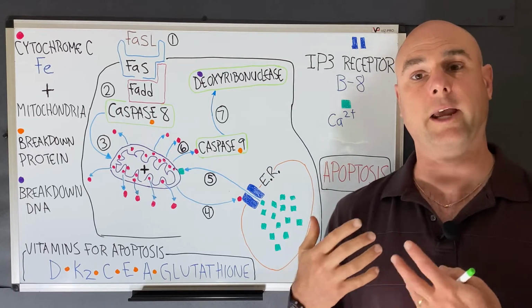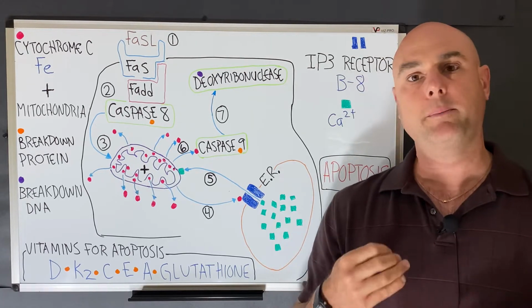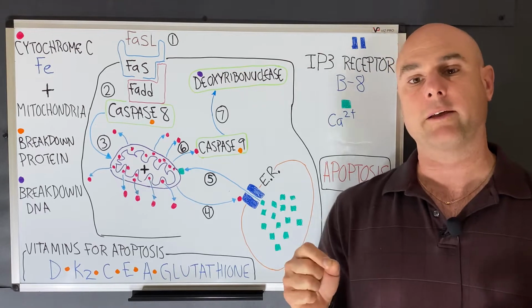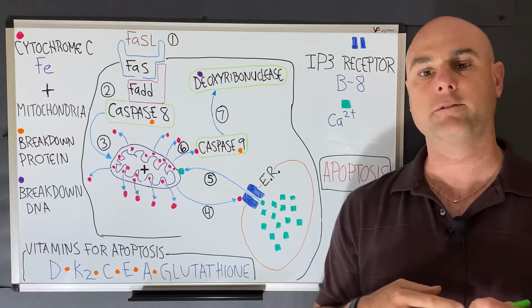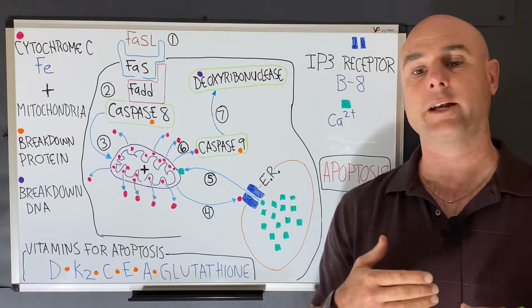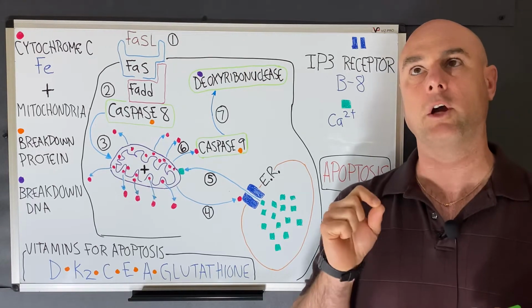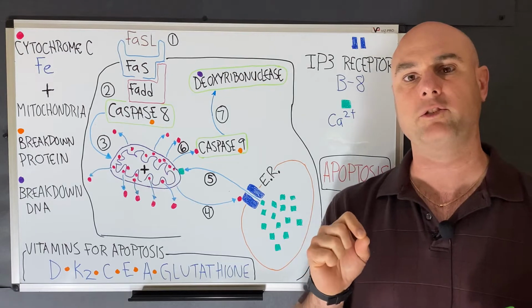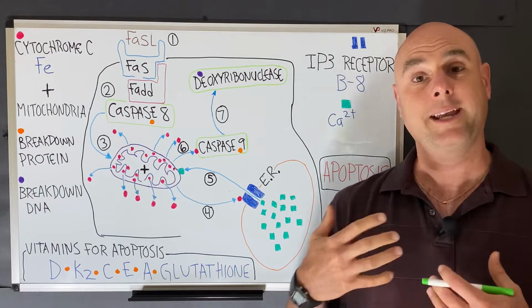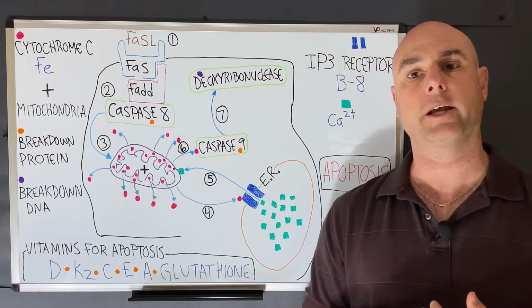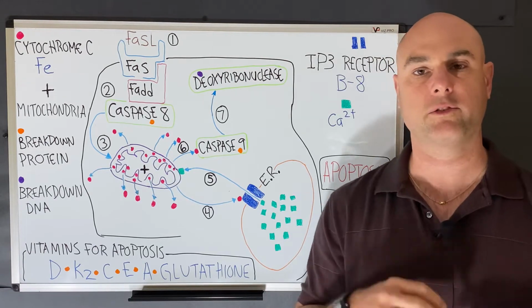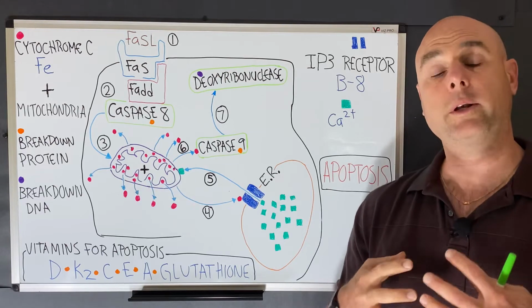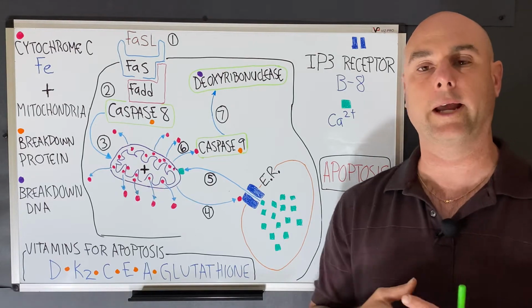Now, apoptosis or programmed cell death can also be initiated through DNA damage, viral infection, oxidative stress, the accumulation of reactive oxygen species, or ROS. Heat shock can also initiate cell death, as well as external signals.